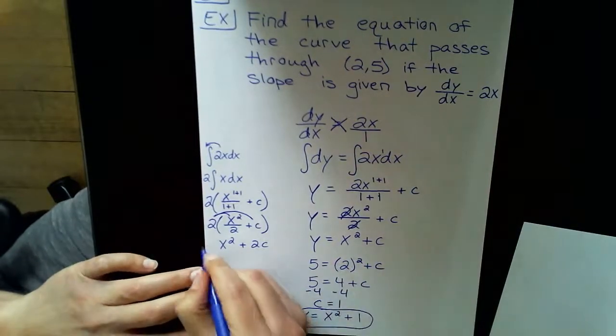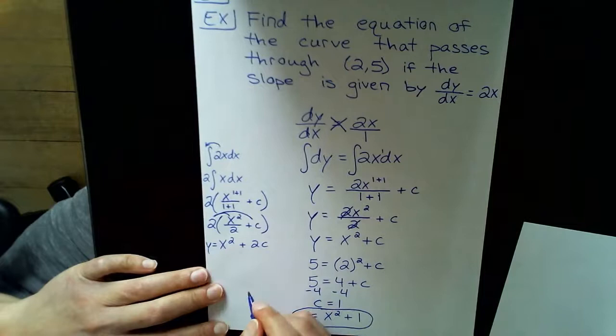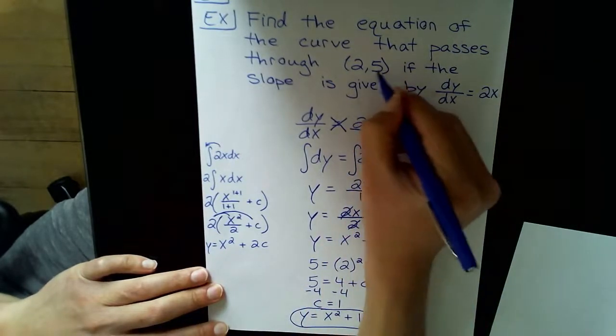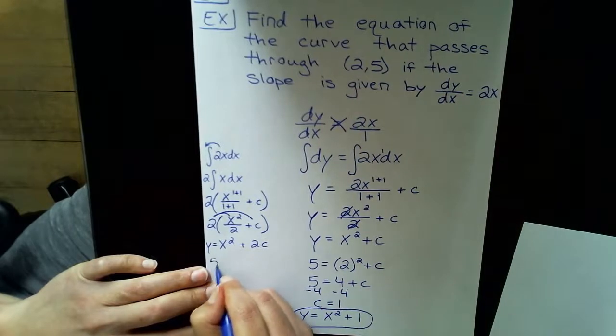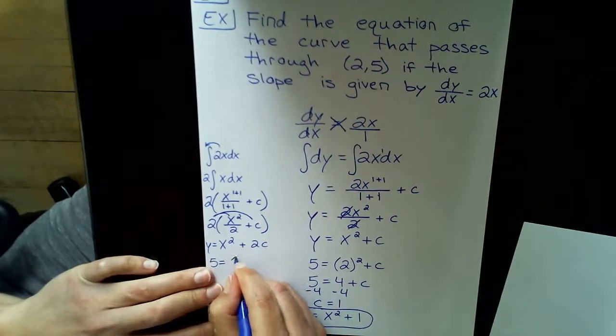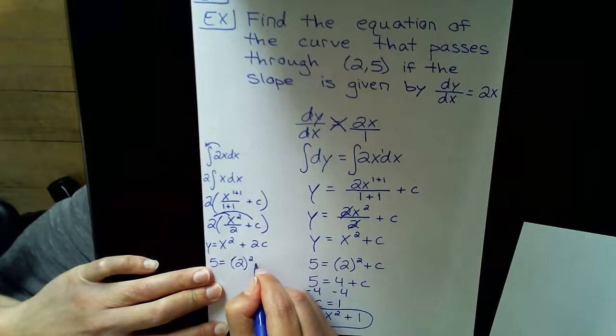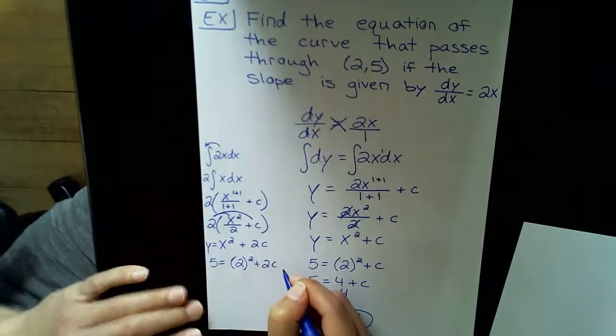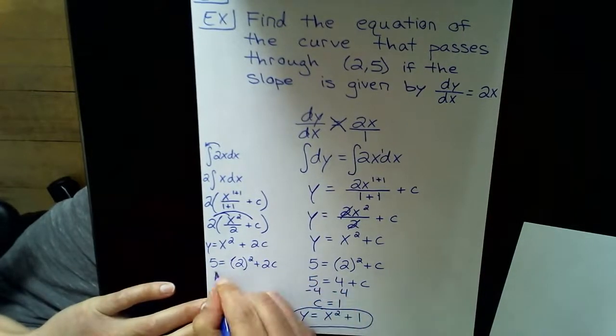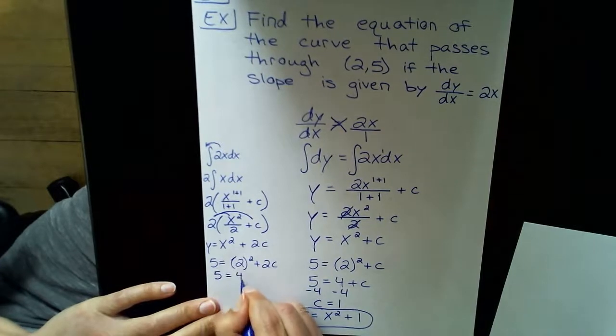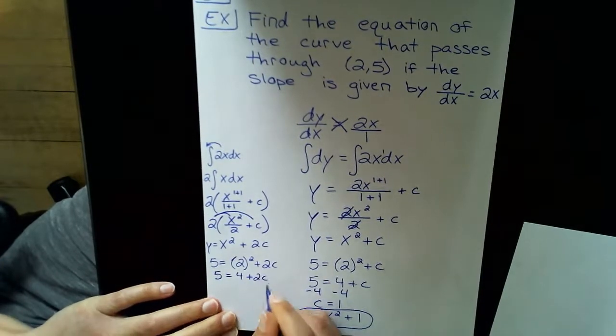Well, let's see. We have y equals x squared plus 2c. If we plug in (2, 5), we have 5 for y equals 2 squared plus 2c. So 5 equals 4 plus 2c.